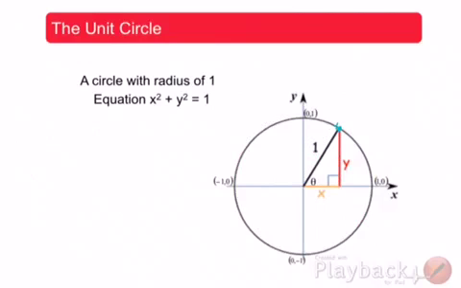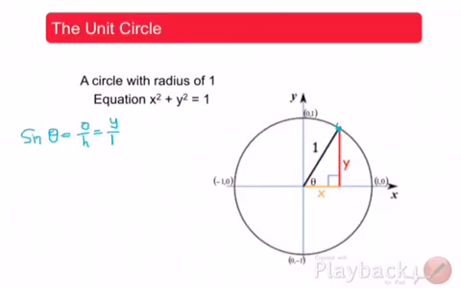I know from my trigonometric ratios that the sine of theta in that right angle triangle is going to be equal to opposite over hypotenuse, and the opposite is equal to y, all over the hypotenuse, which is 1. Again, I'm talking about theta here: the side opposite it is y and the hypotenuse is 1.